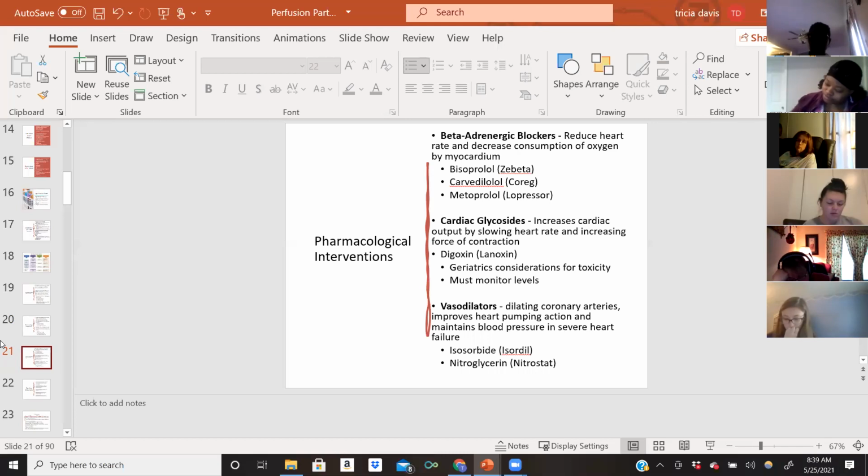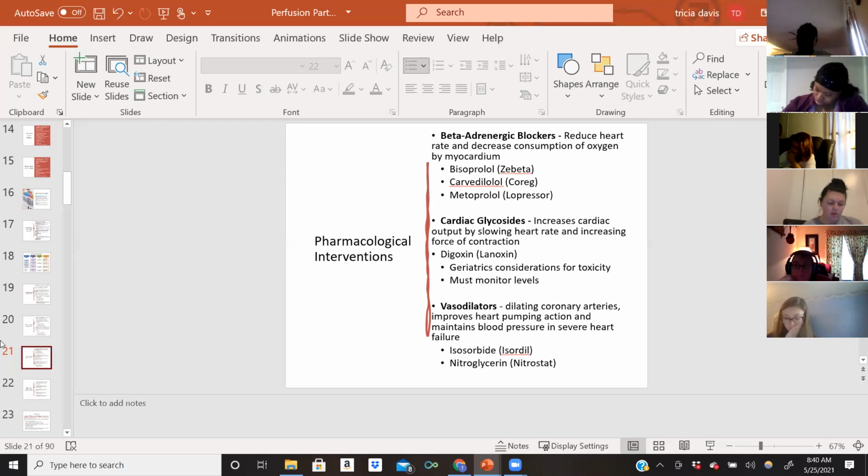Geriatric considerations for toxicity. So we know that our geriatric population is extremely vulnerable to all issues, right? Our babies and our older people. Because of our impaired or decreased liver function and kidney function as they get older, everything starts to slow down.